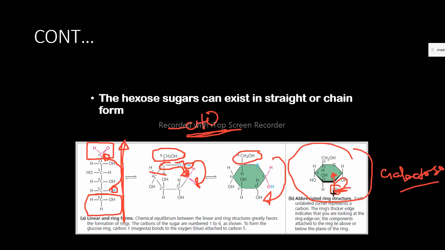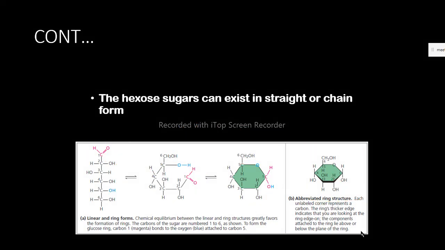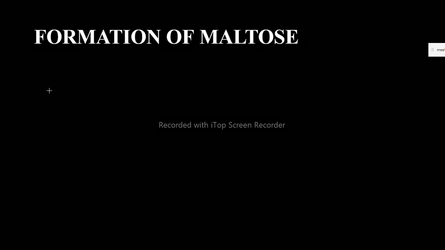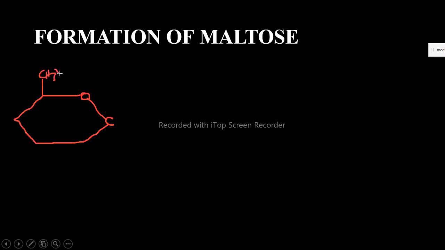Okay, yes. So let's see how condensation is going to take place. As usual, if you have your glucose, and this is my glucose, I'm trying to sketch, and this is carbon, this is carbon, this is carbon, this is carbon, and this is my CH2OH.